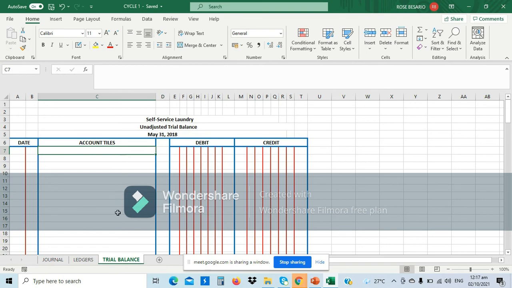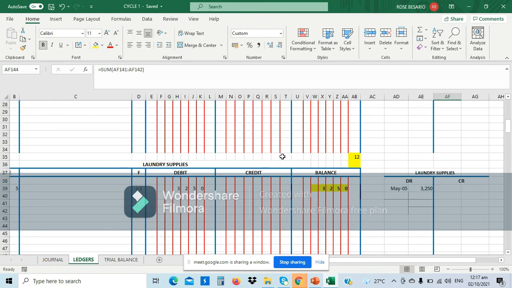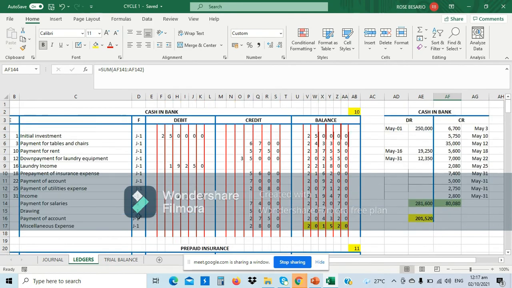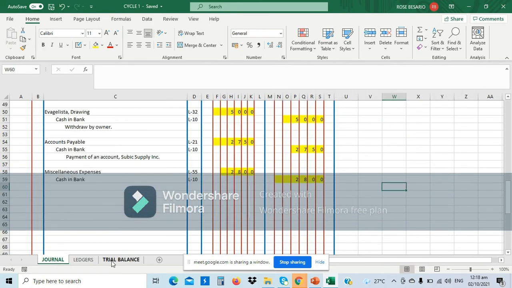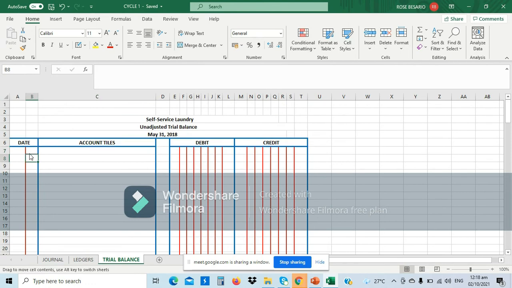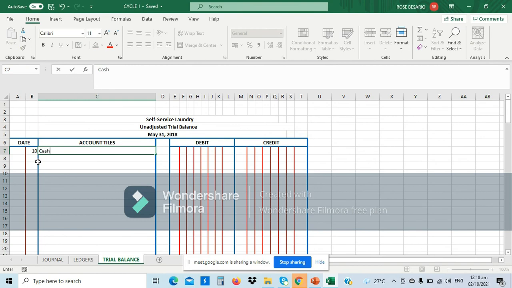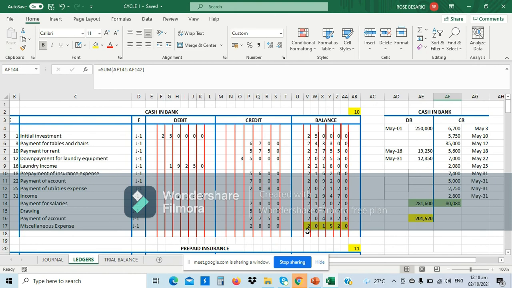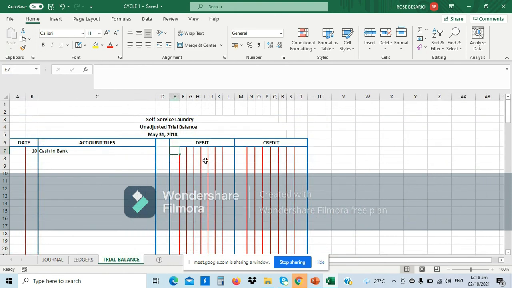If it's a debit balance, like for example our first item, cash in bank, this is a debit of 201,520.